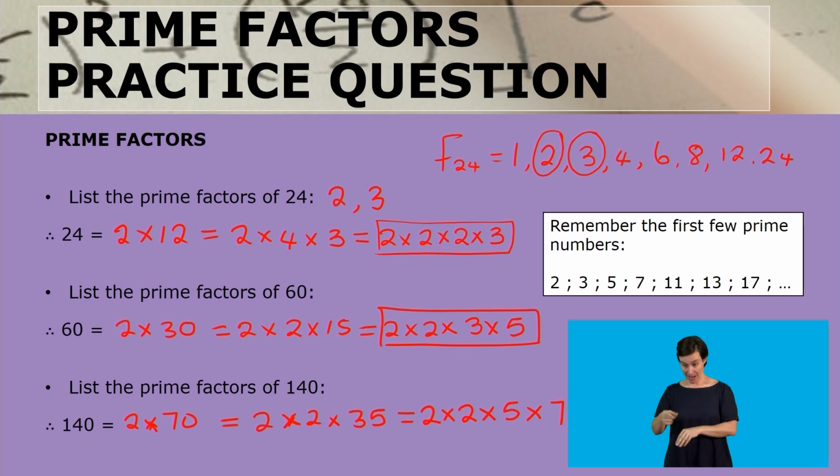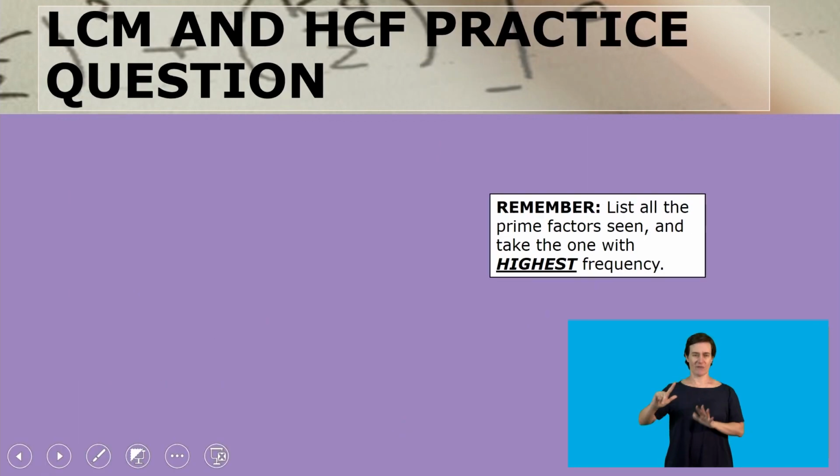So that means that 140 is equal to 2 multiplied by 2 multiplied by 5 multiplied by 7. So that's how we find our prime factors. Remember, we need these prime factors when we are finding the LCM or the HCF using prime factorization.